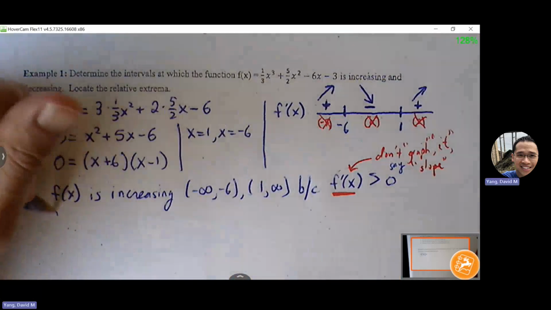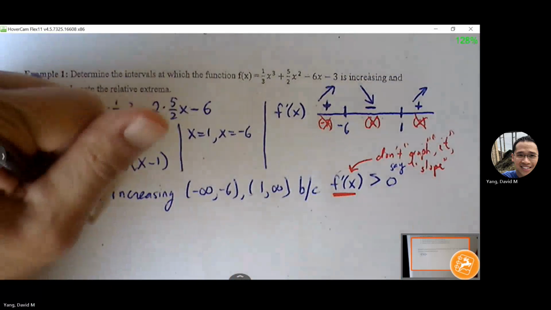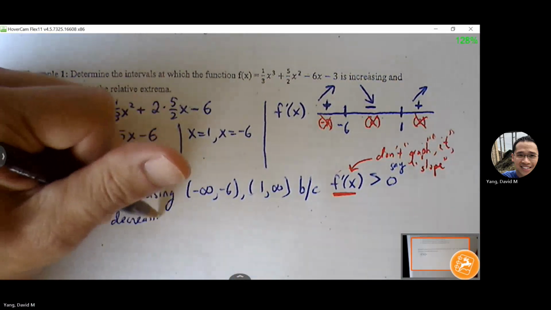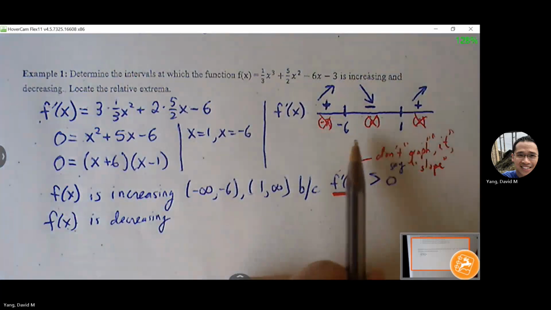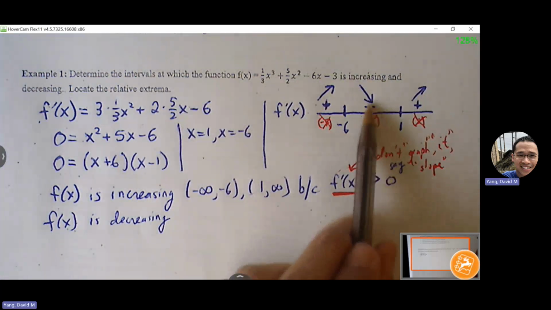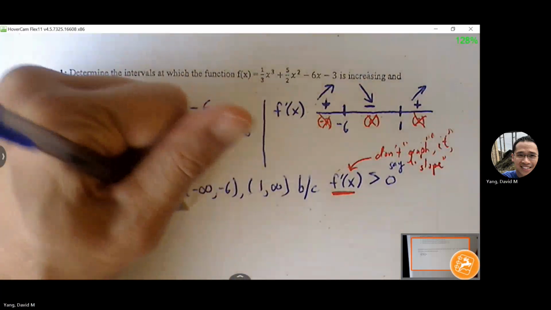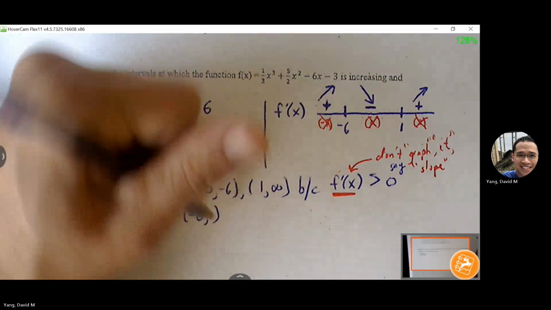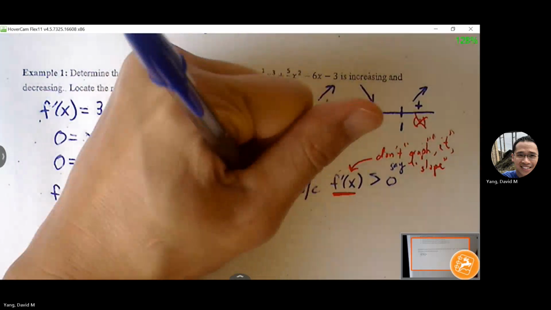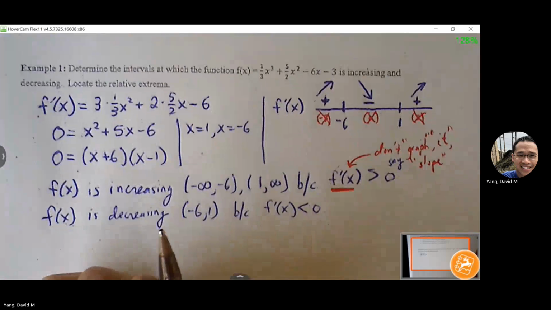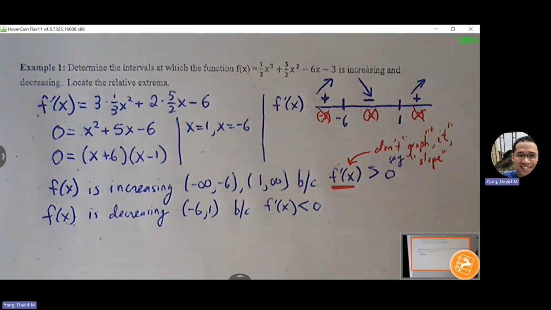Okay, f of x is decreasing. We see the negative slope interval here from -6 to 1. And our justification is because f prime is less than 0.